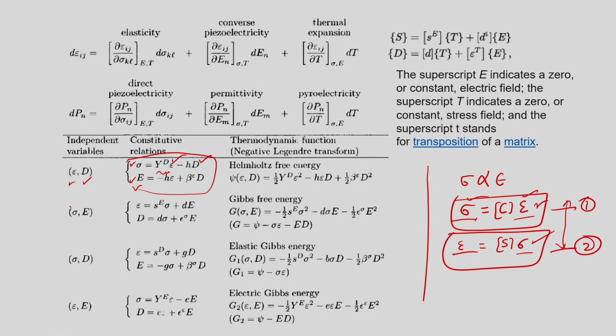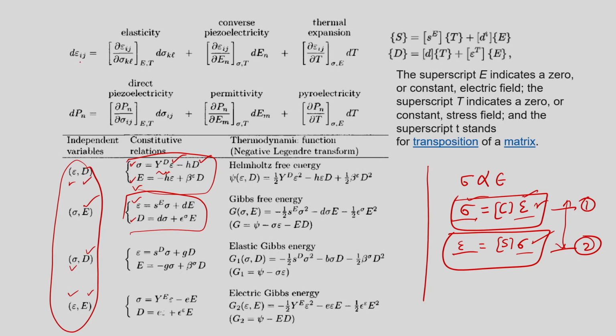If stress and electric field are your variables, then strain and electrical displacement are expressed like this. Then you take sigma and D, then you take epsilon and D. In this way four combinations are available. Depending upon requirement we may use any one of them.